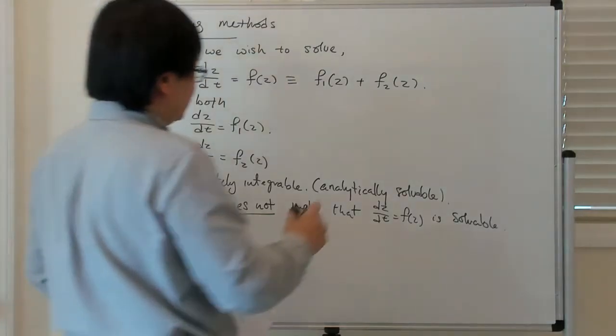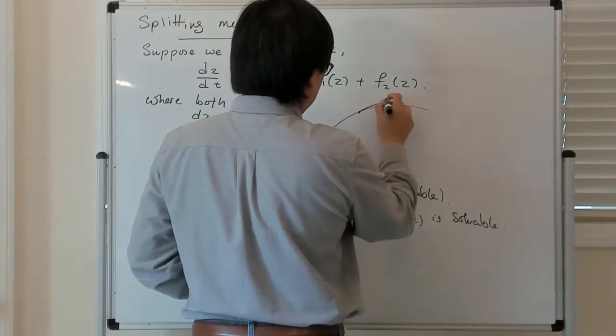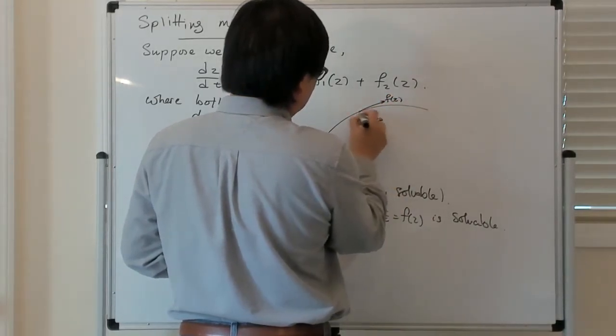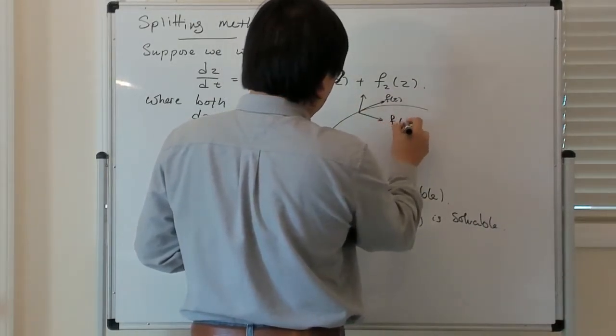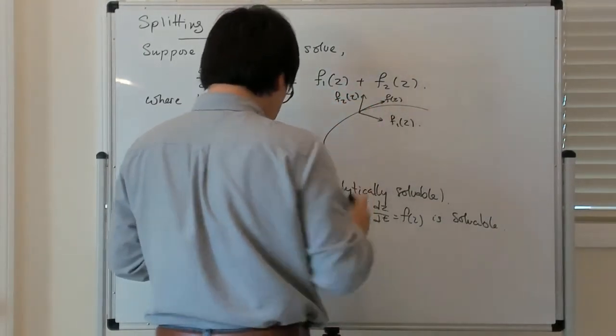Okay, and the idea is that if you have a solution curve, where f of z is this vector field, you want to write this at every point as some decomposition into, say, f1 of z and f2 of z. Okay.